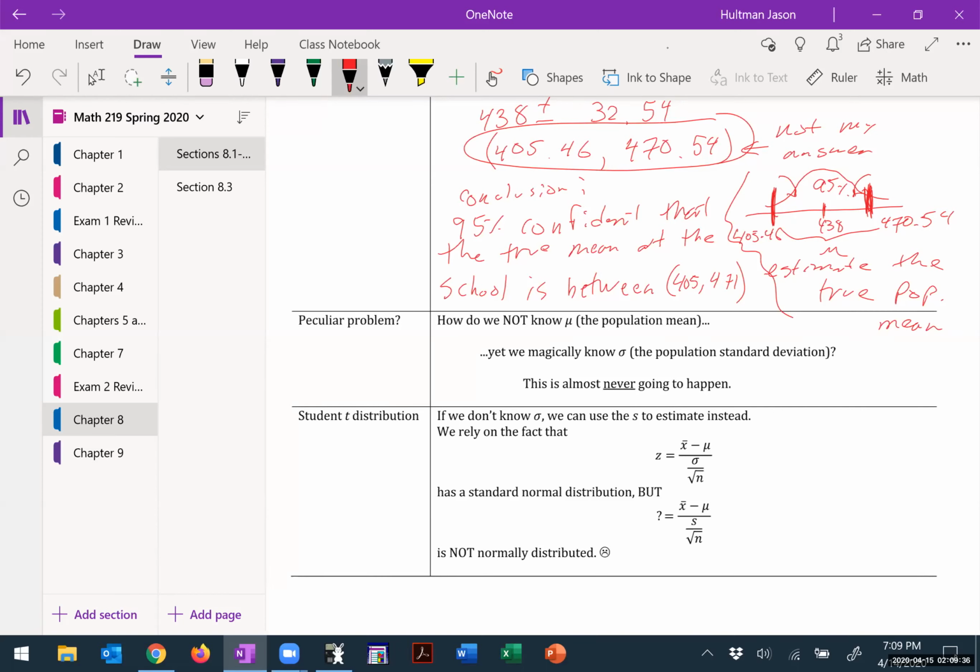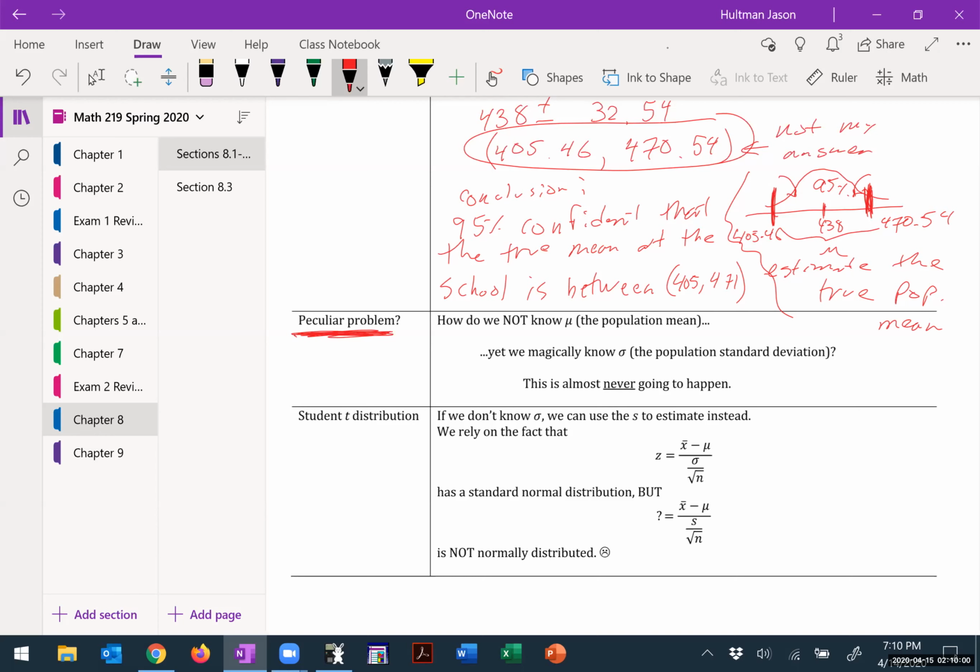Okay. We have a particular problem with using z-scores. Z-scores are only available if we have the population parameters. If we have the population standard deviation, which almost never happens.